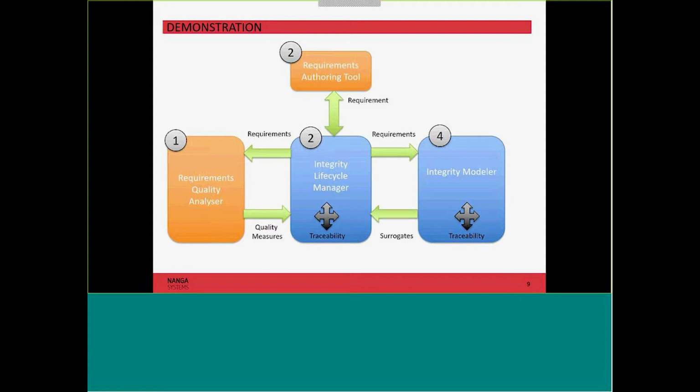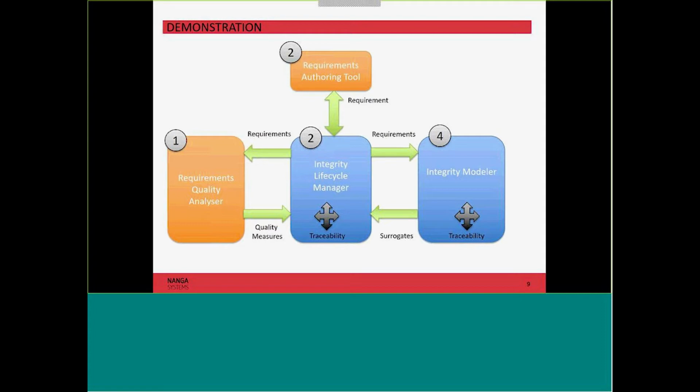And then we'll take a quick look at Integrity Modeler and see how requirements that we've managed within Lifecycle Manager can be used within our system model, and then how aspects of the model can be fed back to Lifecycle Manager so that it can act as a traceability hub, so that we can more effectively examine the impact of potential requirements and then manage the impact of those requirements once they are changed.